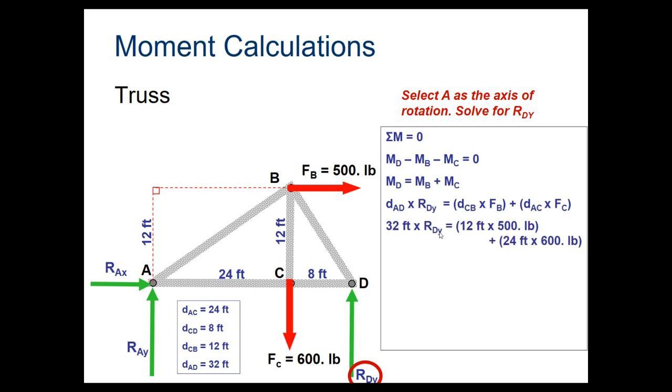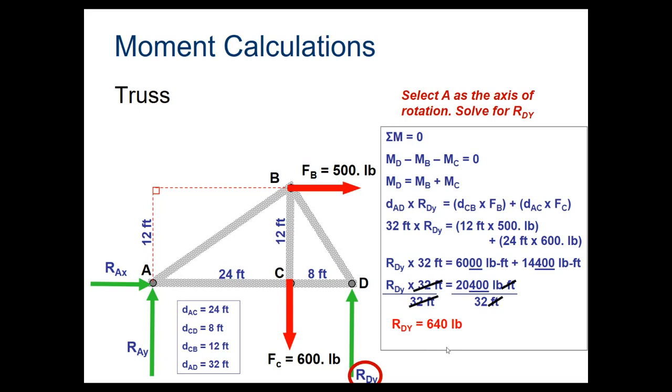So you get 32 times RDY equals 12 times 500 plus 24 times 600. Put it all in your calculator, find your value. And so we find 6,000 plus 14,400, so 20,400 divided by 32, because we're solving for RDY. And so RDY is going to be 640 pounds. So if we were to measure the amount of force this support is holding up, it's holding up 640 pounds.